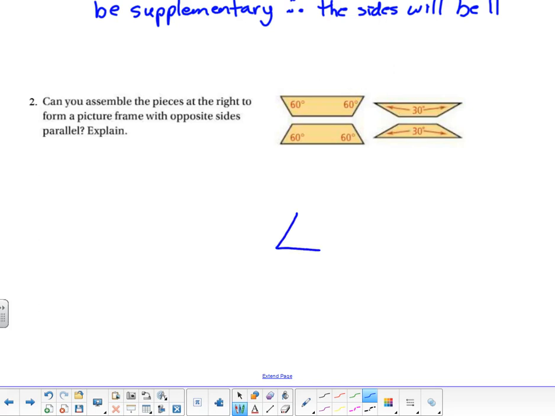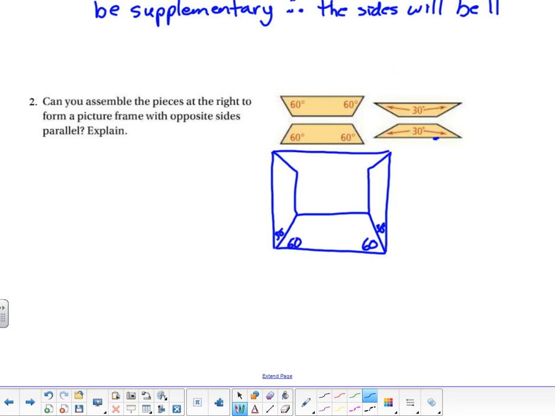If we take this 60 degrees and we turn one of these 30 degrees up like this, 30 degrees, and we turn one of these 30 degrees here and 60, these shapes are trapezoids, so we got 60, 60, 30, 30. Now we've essentially made a rectangle because we've got all right angles.